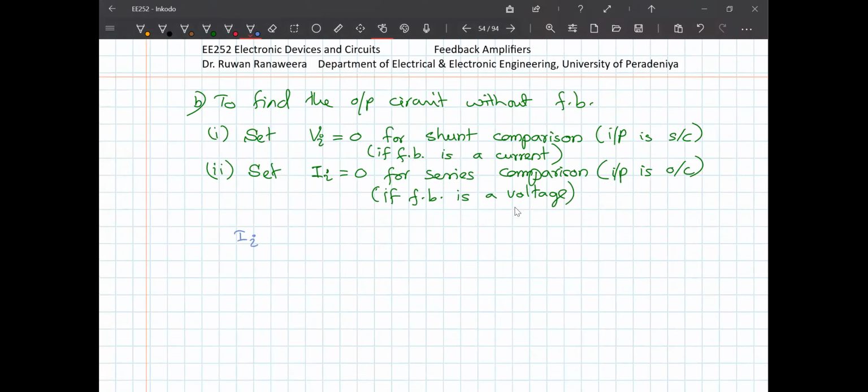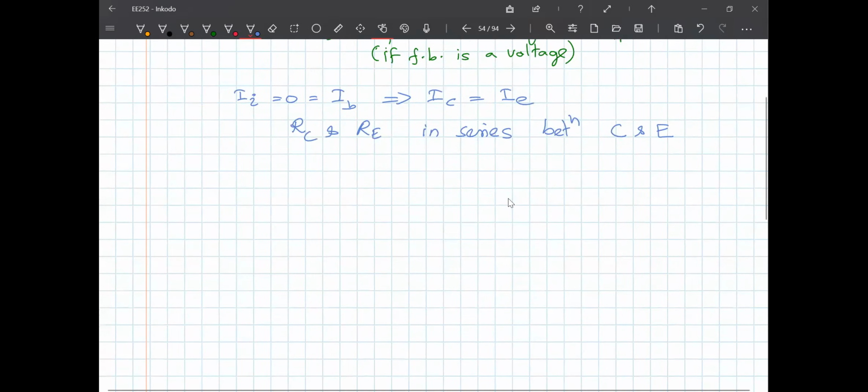Input current II will be equal to 0, which is also equal to IB. Therefore, IC will be equal to IE. Okay, so therefore RC and RE have the same current, meaning that they are in series between collector and emitter. So if I just draw the output circuit, it would look something like this.